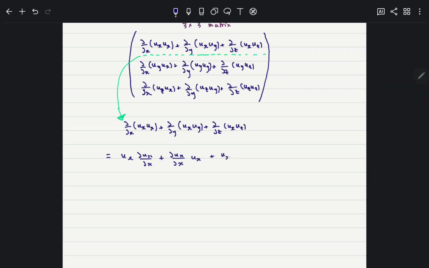And we have ux duy over dy plus duy over dy ux, plus dux over dy times uy, and plus, so again, ux duz over dz plus dux over dz times uz.